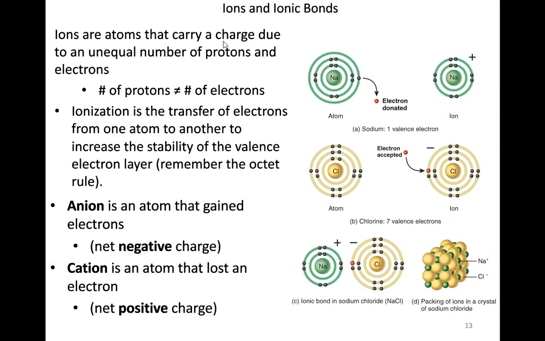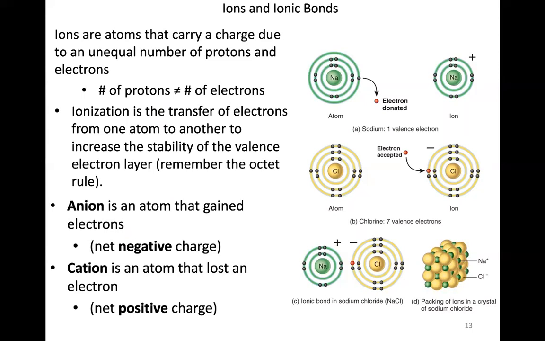Okay. This transfer of electrons from one atom to another to increase the stability of the valence electron layer to satisfy the octet is called ionization. Okay, 2 examples here. We talked about these the other day. And now we show what's actually taking place with sodium and chlorine. Sodium loses that last electron and thus ends up becoming positively charged.